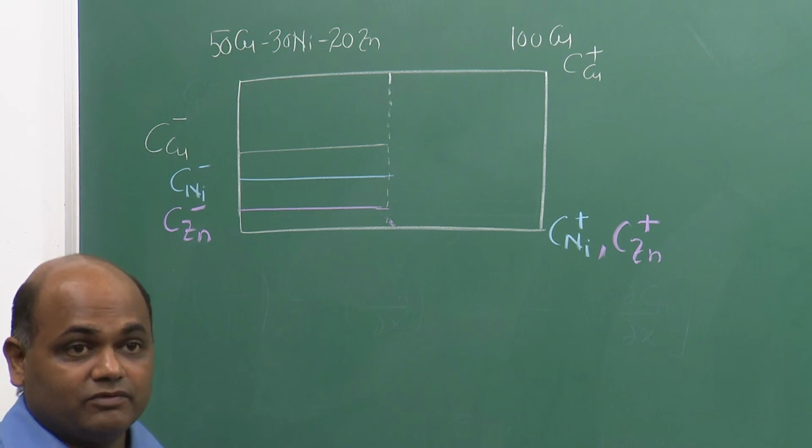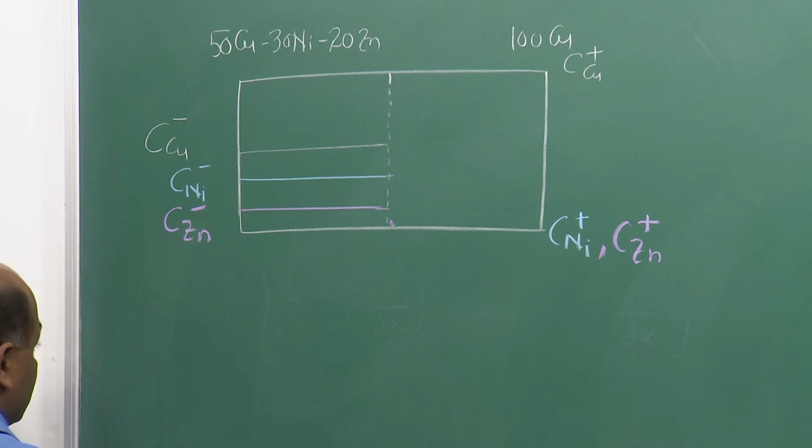Since we are dealing with ternary diffusion couple, we have two independent fluxes.